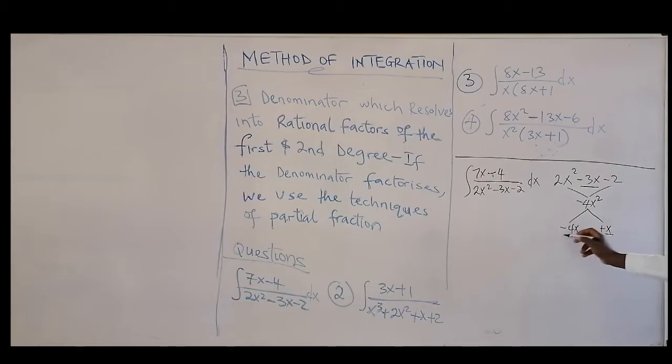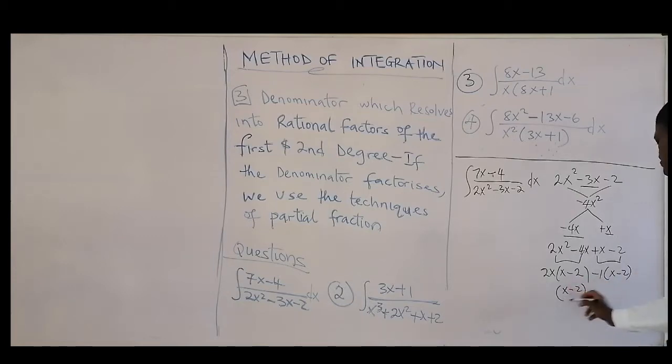So these two will now replace the middle term. You have 2x squared minus 4x plus x minus 2. Then begin to pair. 2x is common here, so you have x minus 2, plus 1 is common, you have x minus 2. So that will be x minus 2 into bracket 2x minus 1.